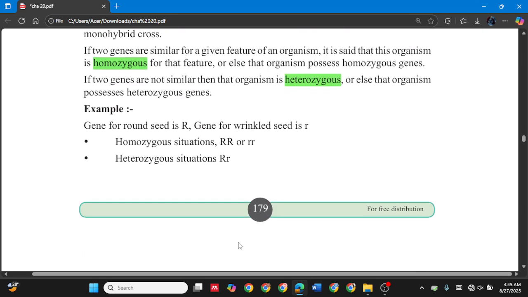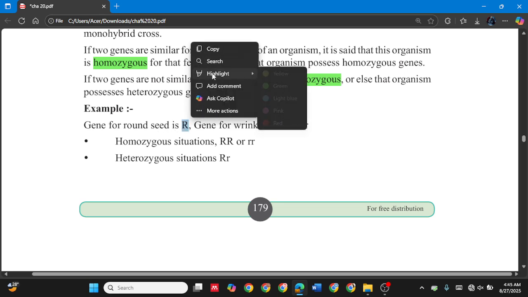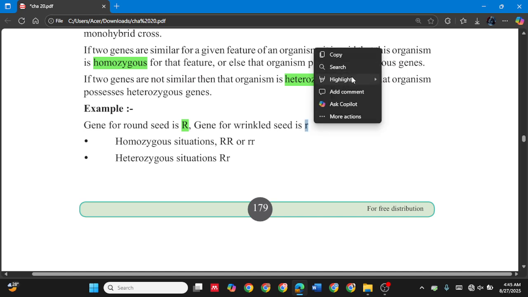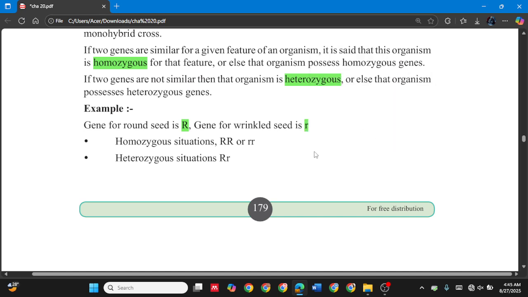See, for example, the gene for round seed is capital R. That means this is dominant. The gene for wrinkled seed is simple r, so this should be the recessive. Then in homozygous situations, both should be the same. It could be both dominant genes, and the other way around, both could be the recessive gene.